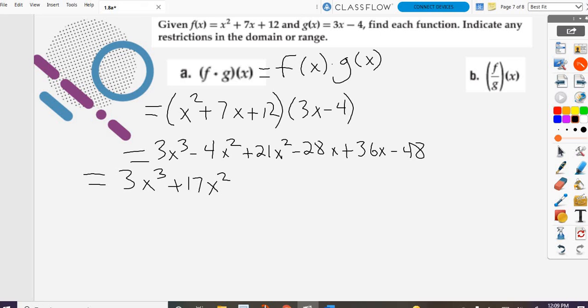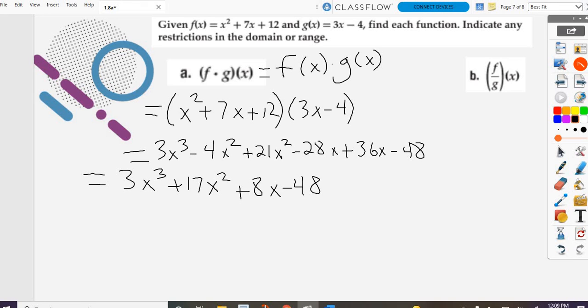Then we have a negative 28x and a positive 36x. So we're going to get a positive 8x and then the minus 48. And again, like we talked about earlier, notice f of x, g of x, and f times g are all what type of functions? They're all polynomials. So do our polynomials have restrictions? No. So I don't have to have any domain restrictions on them.